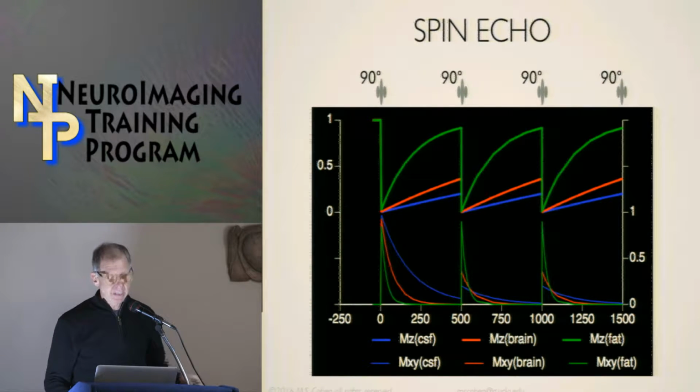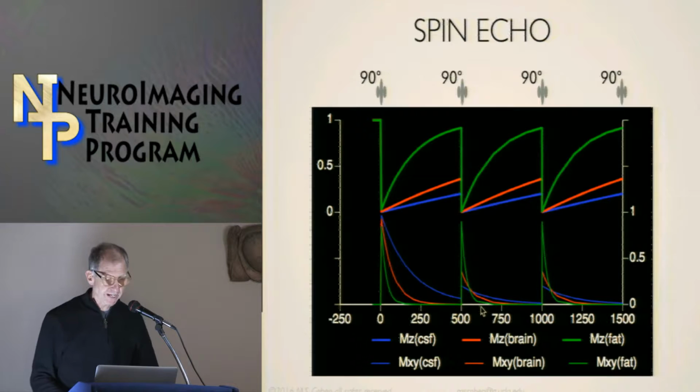This is essentially the same as the slide I showed you before, suggesting that a series of 90-degree pulses produced at a rate that is short compared to the T1 relaxation rates of tissue will produce T1 weighted contrast, where signals which have a long T1, like this blue one, regain only part of their signal in the TR period between 90-degree pulses, a consequence of which is when the next 90-degree pulse comes along, that signal that's formed is small, for example, for this blue tissue, whereas for a tissue which regains its signal rapidly, it's relatively large. And then, of course, the signal falls away with T2 contrast.